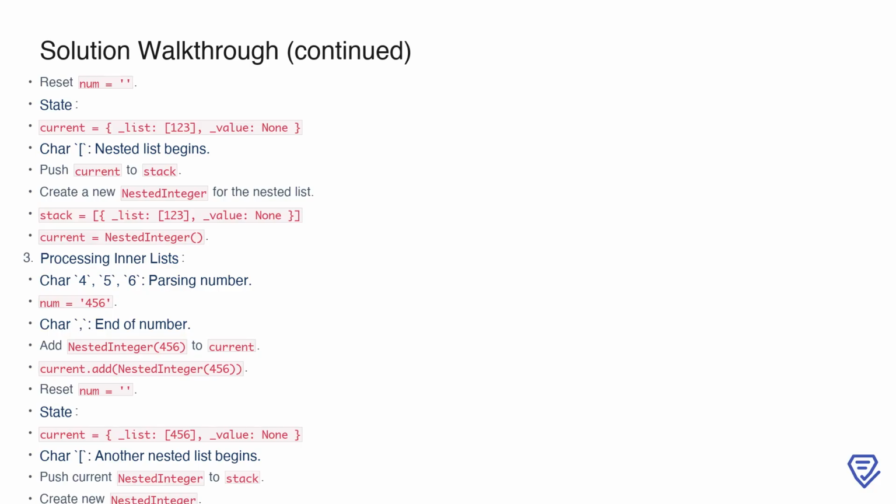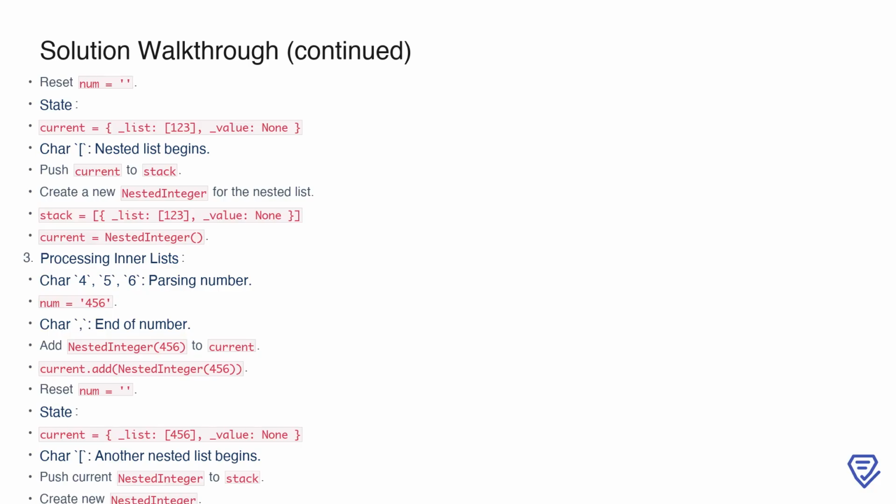Next, we encounter another '[', indicating the start of a nested list. At this point, we push the current object onto the stack, as it represents the parent list. We then create a new nested integer object to represent the nested list, and current is updated to point to this new object. The stack now holds one item, _list: [123], _value: none, while current is in the state _value: none, _list: []. As we proceed, we parse the digits 4, 5, and 6, forming the number 456.